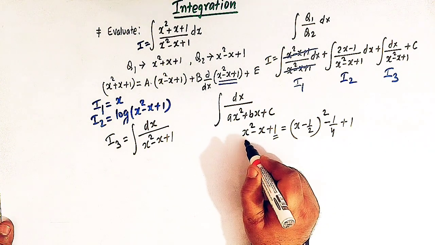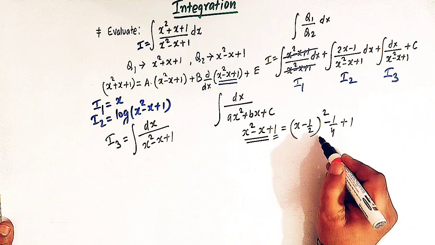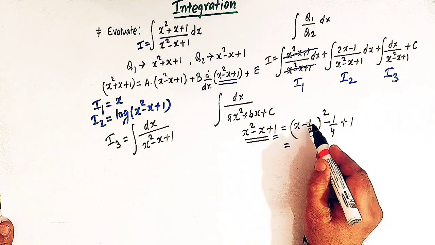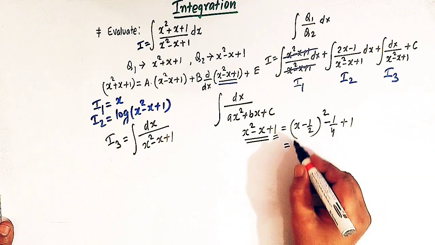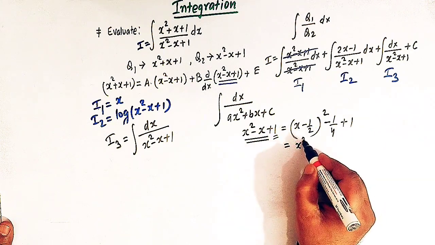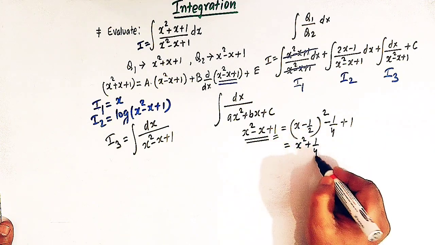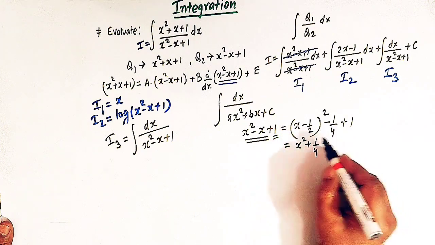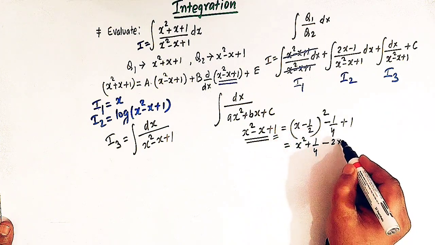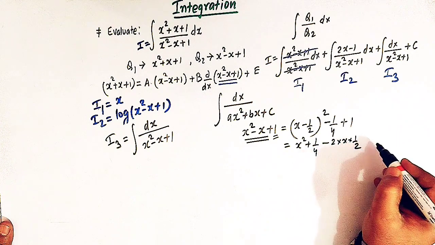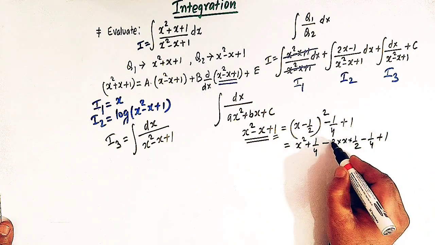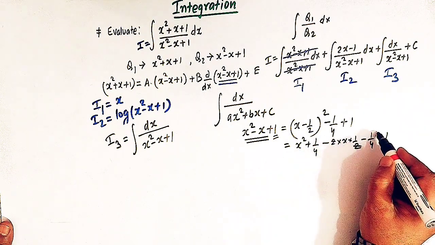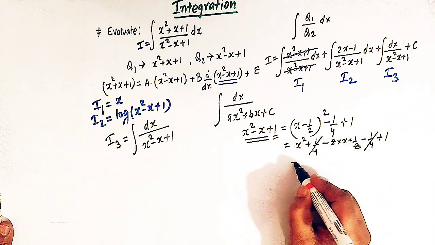We have expressed this term like this because when we expand x minus half square, we get a square, then b square, then 2ab. 2ab is 2 times x times half, and here we have minus 1 by 4, then we have 1. So 2 and 2 get cancelled, 1 by 4 and 1 by 4 get cancelled.